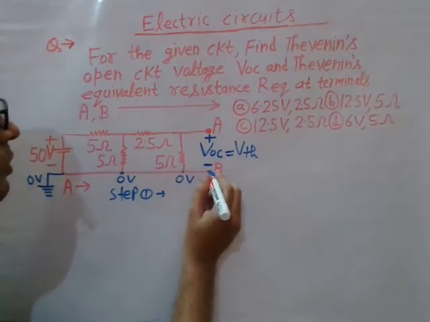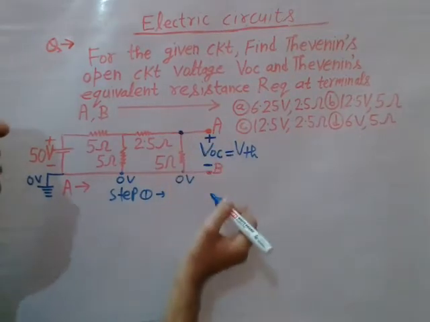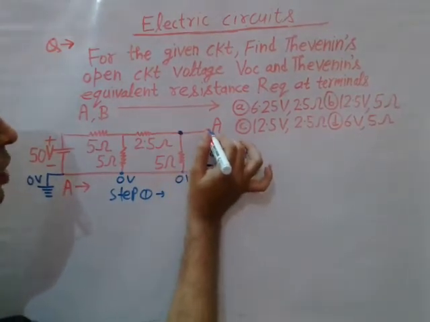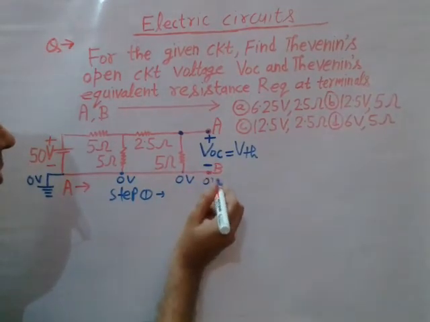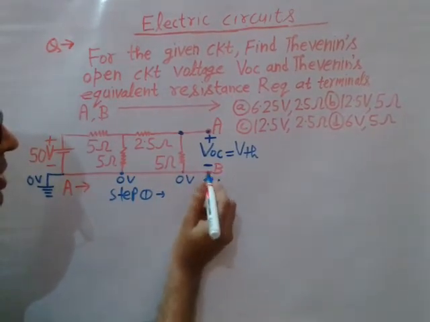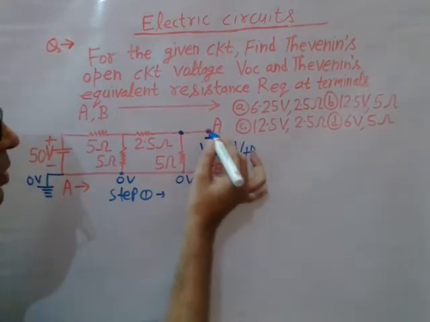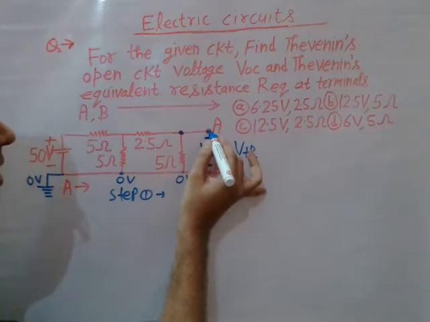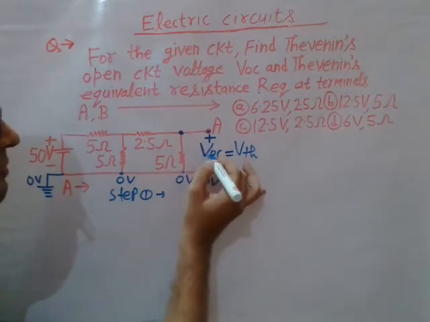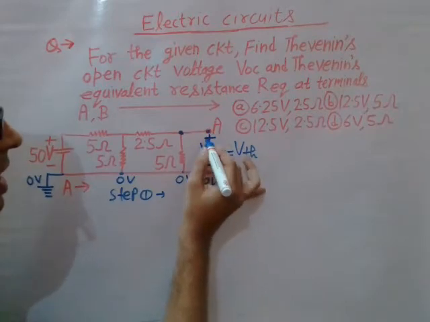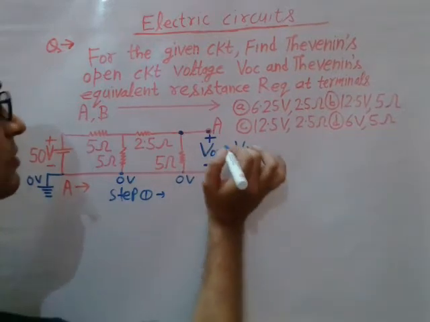Now can you tell me the potential of this particular node? This potential is ground. So with respect to this ground potential, what is the potential of this node A? Definitely it is plus VOC, higher by this voltage VOC. The plus sign indicates that this voltage is higher.